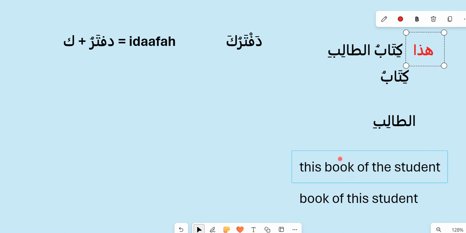So if you want to say "this book of the students", and use haza for the kitab, I mean for the mudaf, you cannot simply put haza before this kitab.